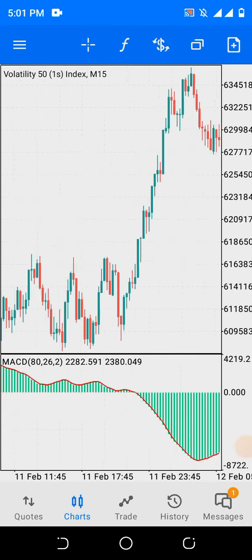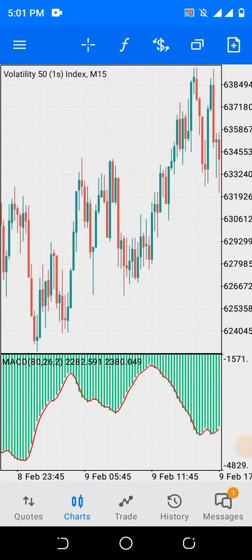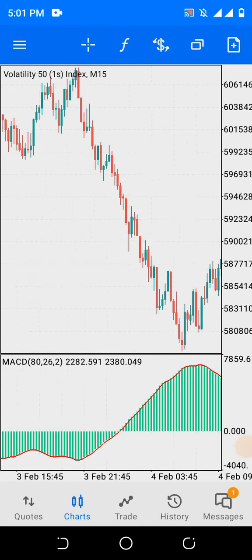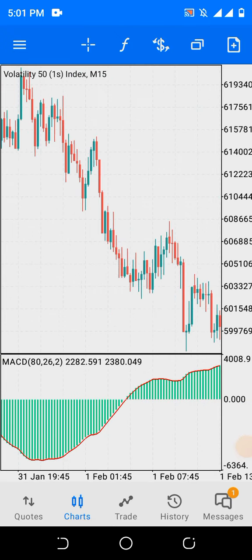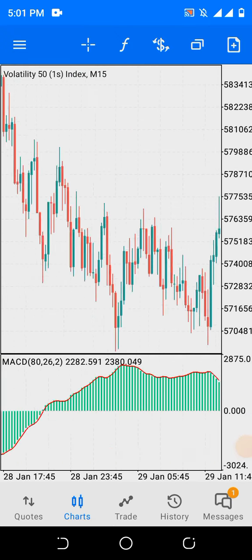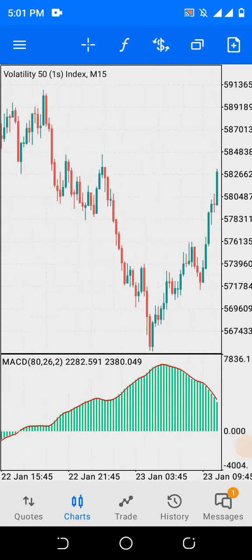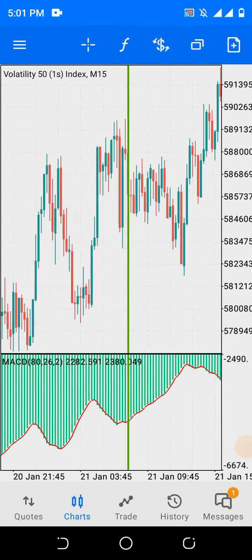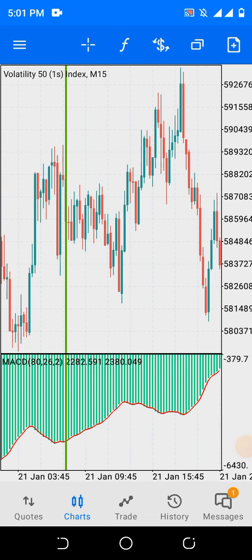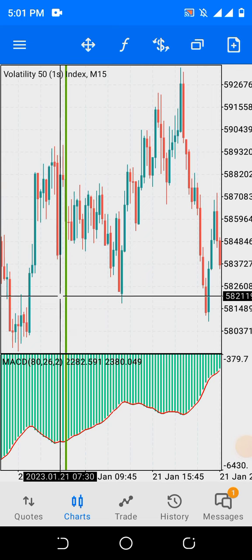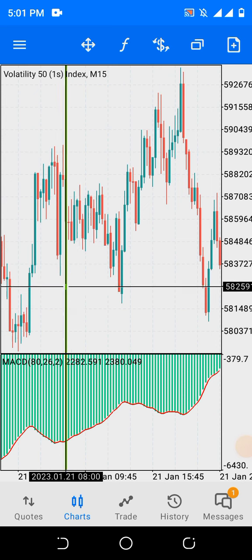Now let's look at the green vertical line, which symbolizes an uptrend. From the 4-hour time frame, this is where the bullish trend occurs.